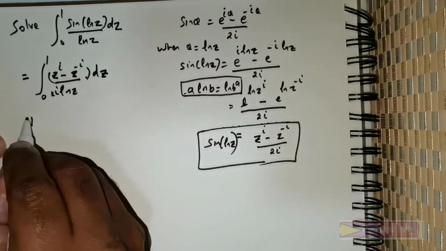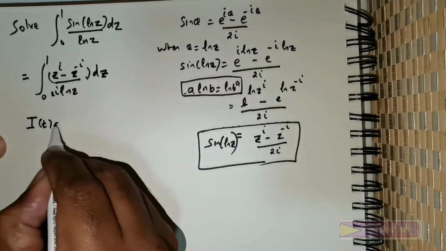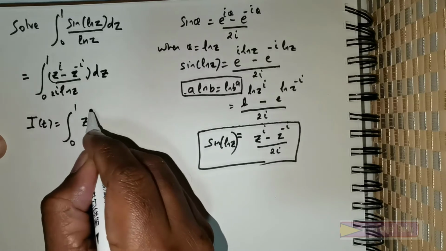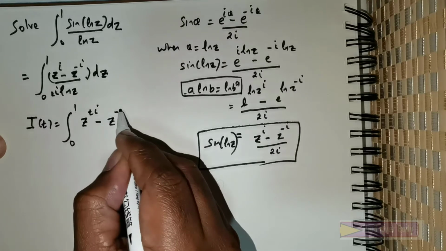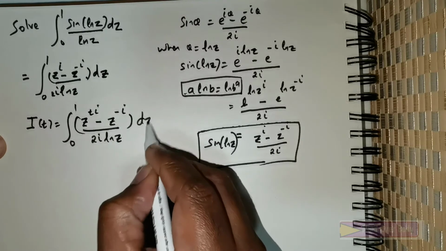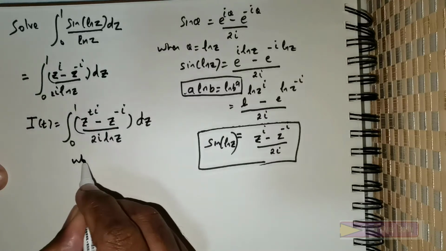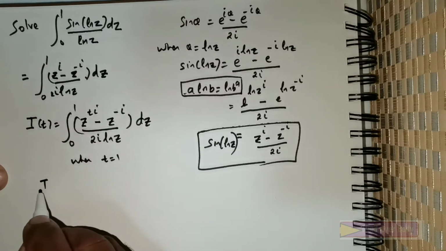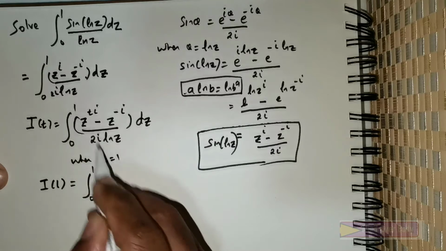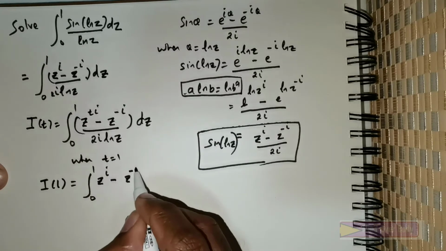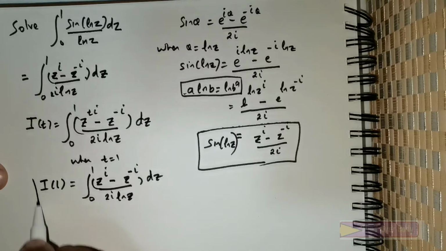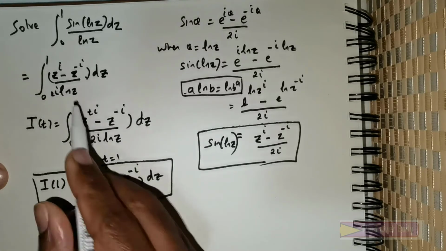Let me define a function I of t to be equal to the integral from 0 to 1 of z raised to the power t i minus z raised to the power negative i, divided by 2 times i ln z, times dz. Now when t is equal to 1, I of 1 is the integral from 0 to 1 of z raised to the power i minus z raised to the power negative i, divided by 2 times i ln z, times dz.